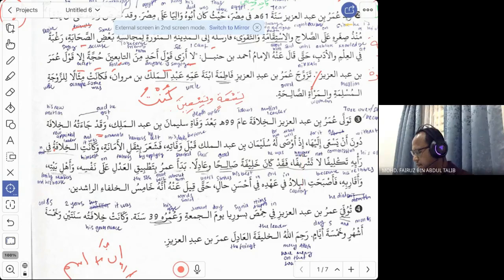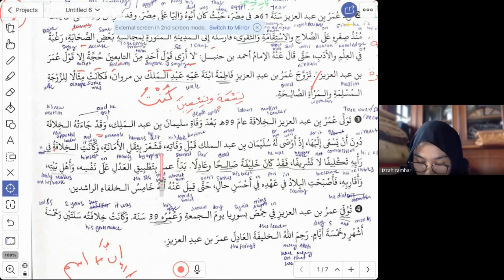Sulaiman ibn Abdul Malik awsa, he announced that in his will. So awsa is from the word wasiyat, and wasiyat is the noun, and awsa is the verb. So in his will, he said that the next Khalifa would be Umar bin Abdul Aziz. So this was qabla wafatihi, before his death.